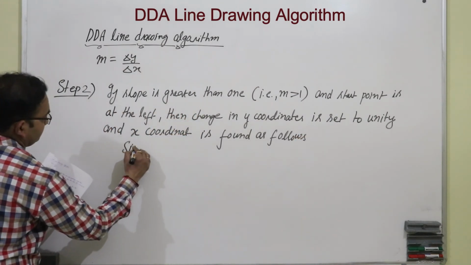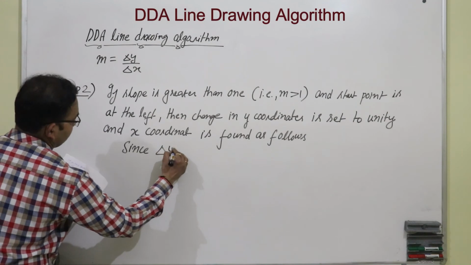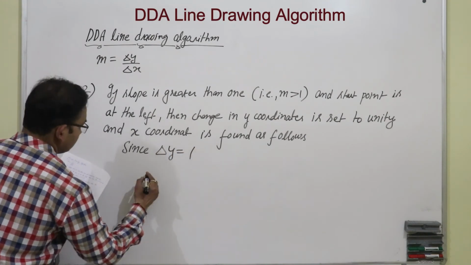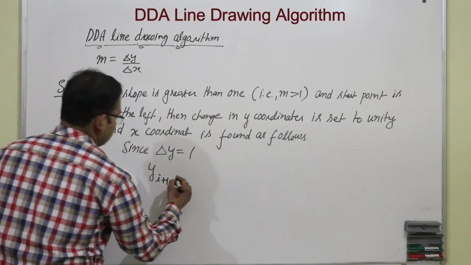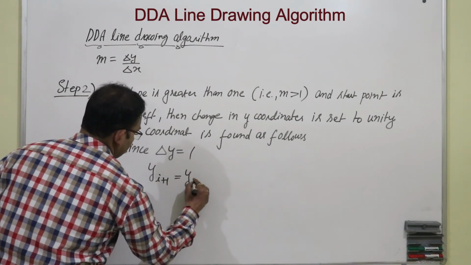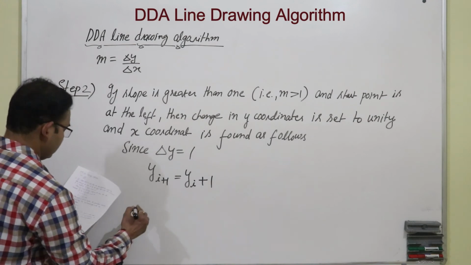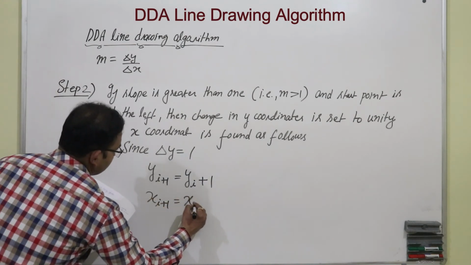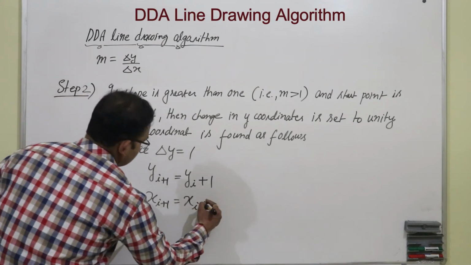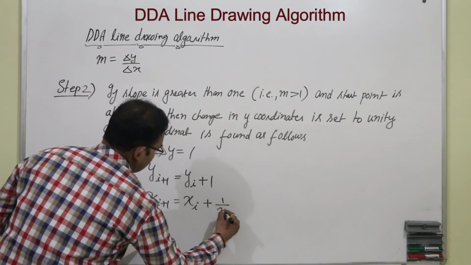Since delta y equal to 1, y i plus 1 equal to y i plus 1, x i plus 1 equal to x i plus 1 upon m.